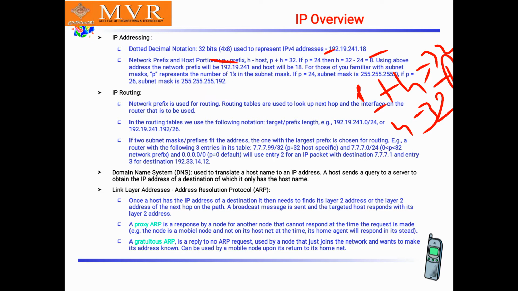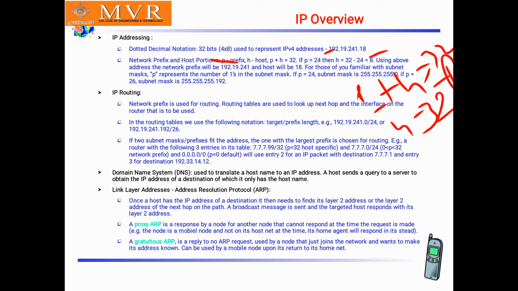If p equals 24, the subnet mask is 255.255.255.0; if p equals 26, the subnet mask is 255.255.255.192. In IP routing, the network prefix is used: routing tables are used to look up the next hop and interface on the router that is to be used.